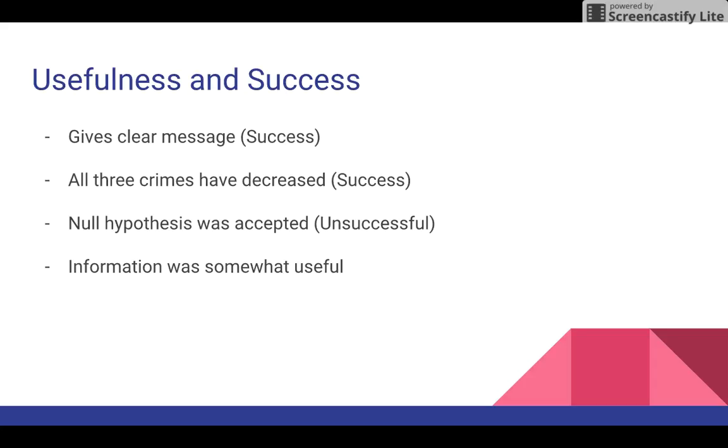In that way, it was unsuccessful. The information was somewhat useful in the sense that it doesn't show correlation, so there's really no correlation between the two. But there's really not much you can do after that, so in that way it's a little bit less useful, in my opinion.